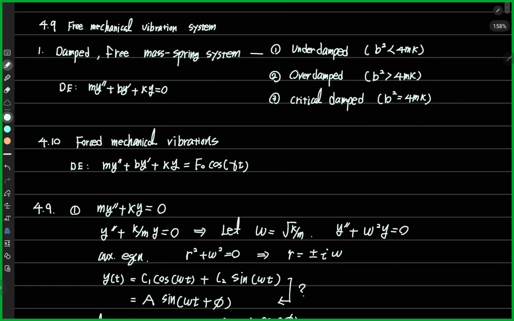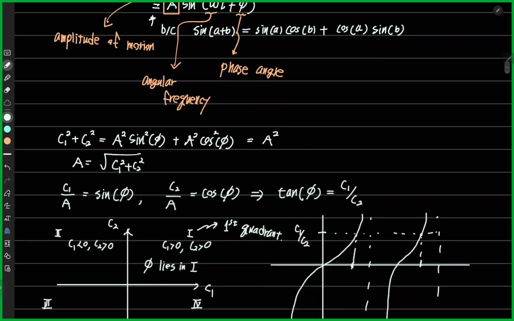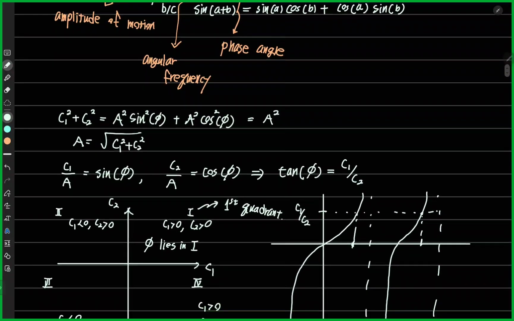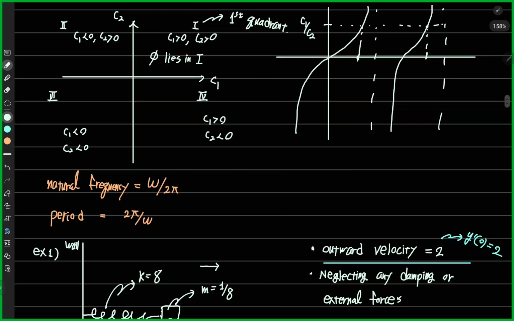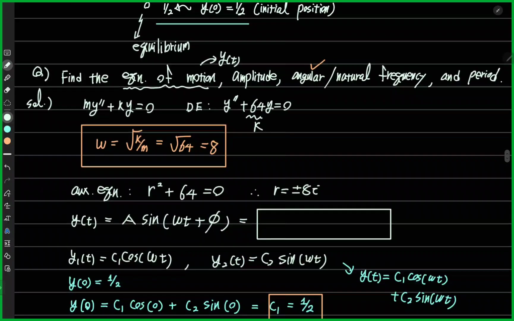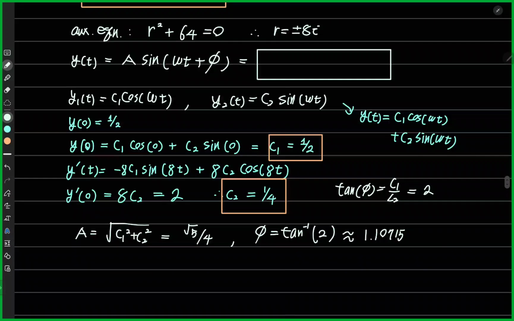No, because c1 is positive and c2 is positive, which means the phase angle phi must be between 0 and 2 pi. So is 1.10715 between these? Yes.